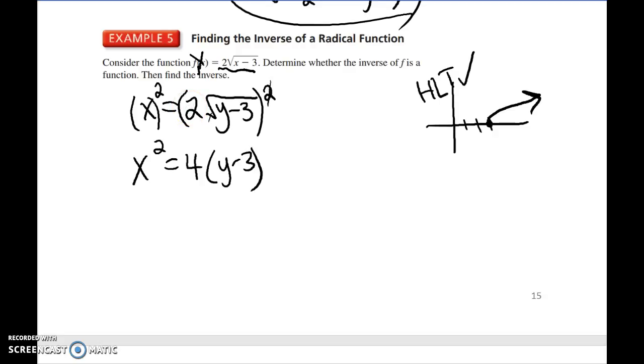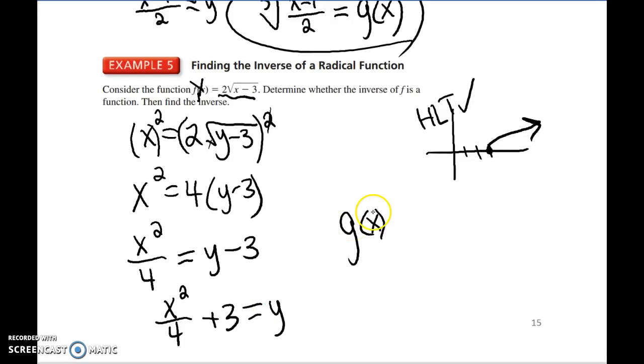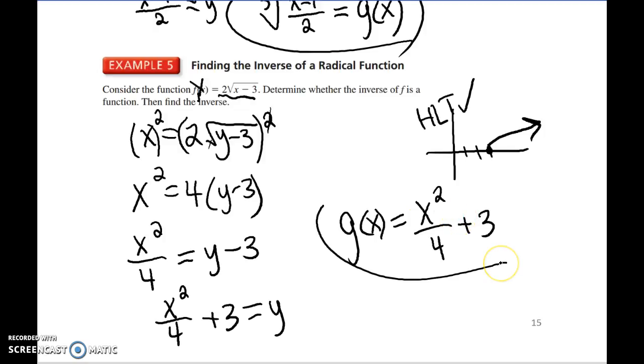So then I want to divide both sides by 4, and I'll get x squared over 4 equals y minus 3. And then I can add 3 over. So I get x squared over 4 plus 3 equals y. So my inverse function, I get g of x equals x squared over 4 plus 3. And that's my final answer.